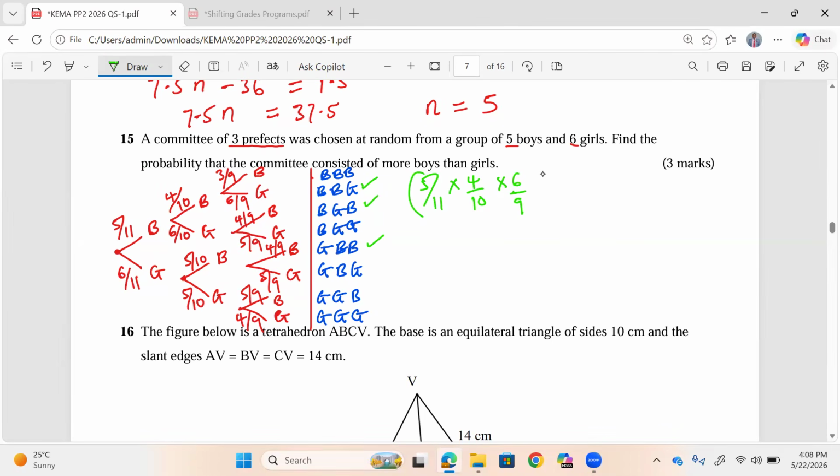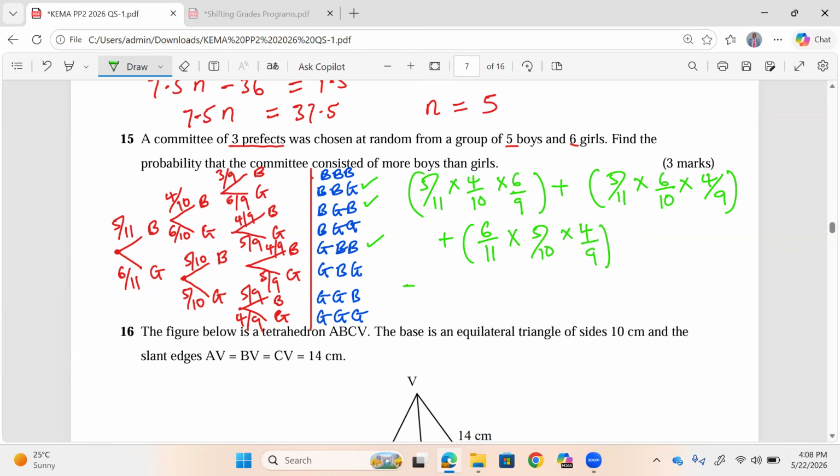Or the addition in probability, BGB. So B 5/11, then G 6/10, then B 4/9, or finally GBB: 6/11, then B 5/10, then 4/9.